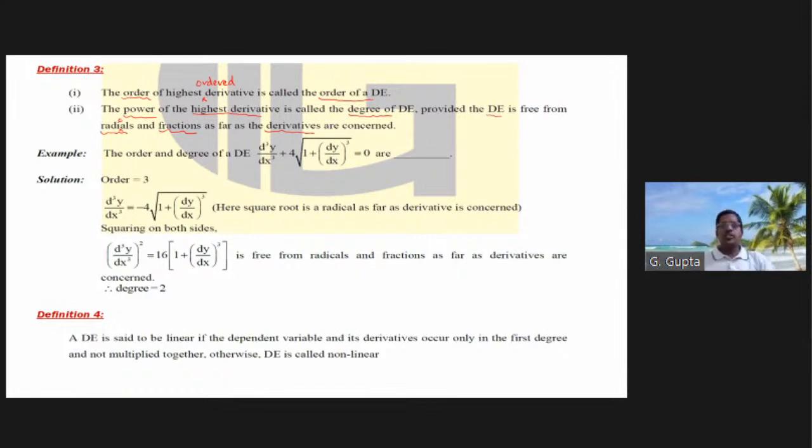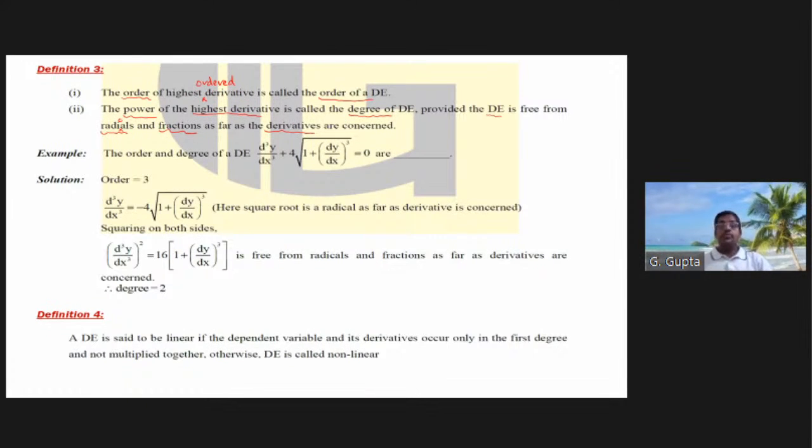So in your differential equation, whatever derivatives are present in the given equation should be free from radicals and fractions. That means in your given differential equation, if there are denominator terms, they should not contain any derivatives; that is called fractional derivatives.